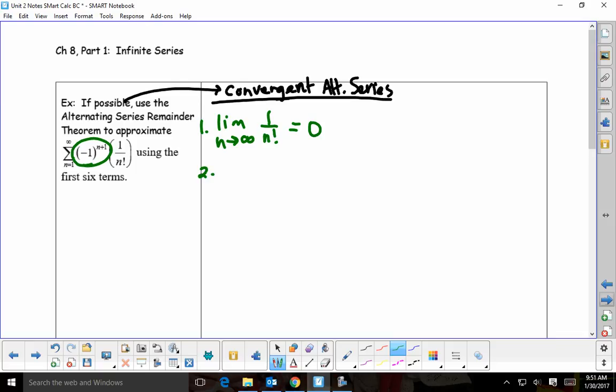And step 2 tells me that I need to make the next term. I want to know, is it smaller than the previous term? Cross multiply. And how do you think I want to rewrite that n plus 1 factorial? Just a guess of what we've been practicing. n plus 1 times n factorial.